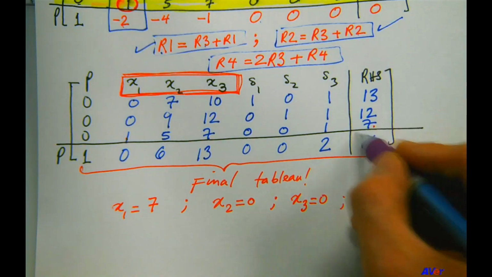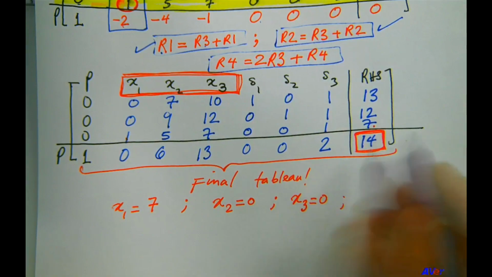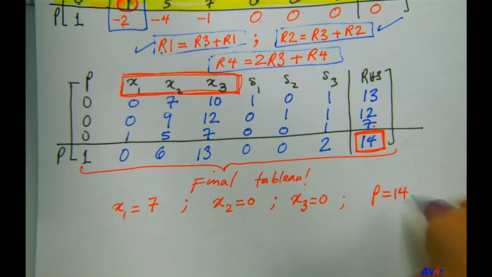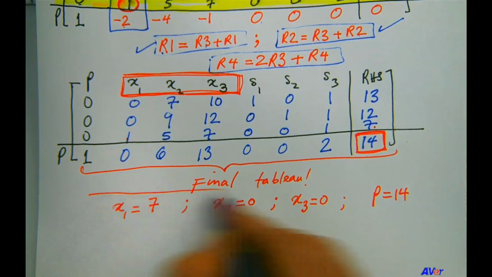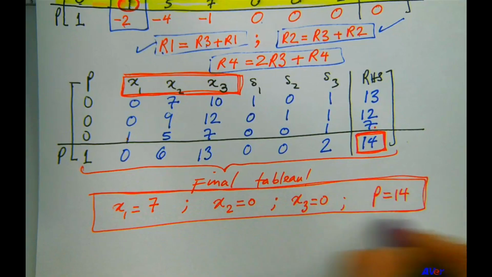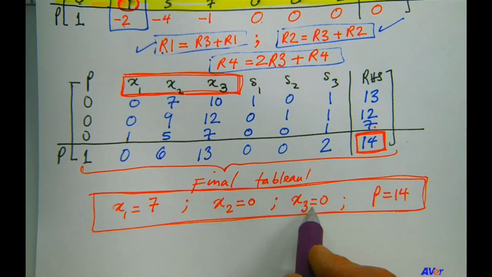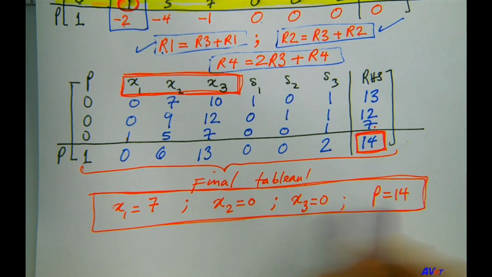And the value of the objective function at maximum is always in this corner. So p is equal to 14. So this is the solution of the maximum problem. x1 is 7, x2 is 0, x3 is equal to 0 with p equals 14.